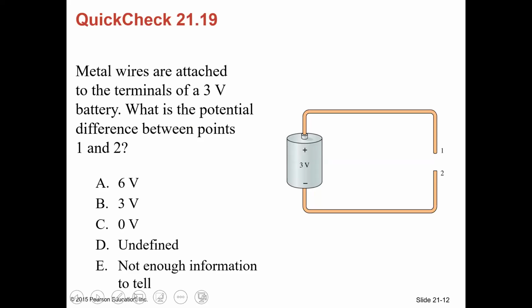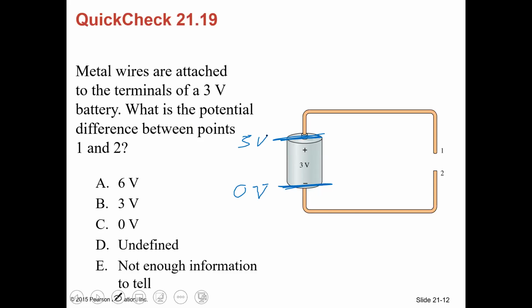That battery right here will have a voltage of 0. And up here, what the battery will do is maintain a voltage of 3 volts. So the positive end of the battery is 3 volts. The negative end of the battery is 0 volts. It doesn't have to be those specific numbers as long as the difference is 3.